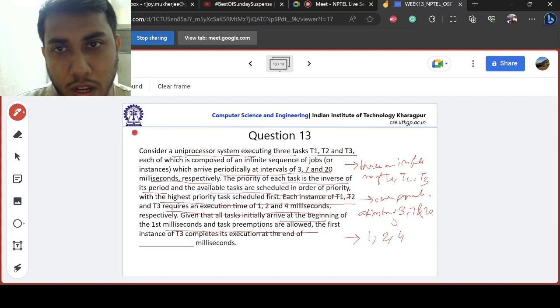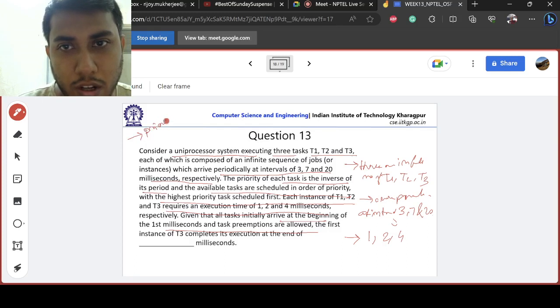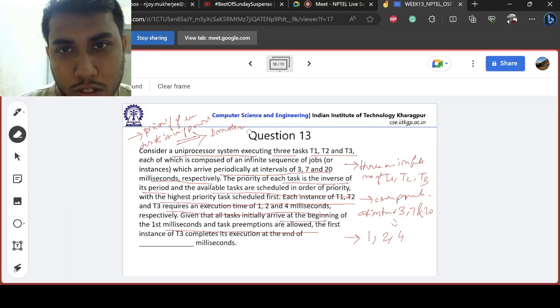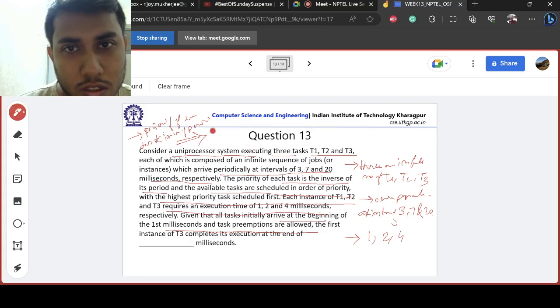So this statement means the priority of each task is the inverse of its period, which basically means the shortest job is executed first.